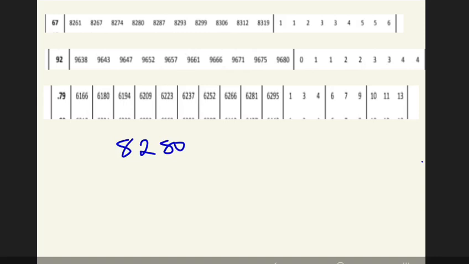Now difference 5: the differences are 1, 1, 2, 3, 3, 3, 4, 5, 5, 6. So difference 5 will give you 3. So we have 8283. So the logarithm of 0.6735 gives you 8283.